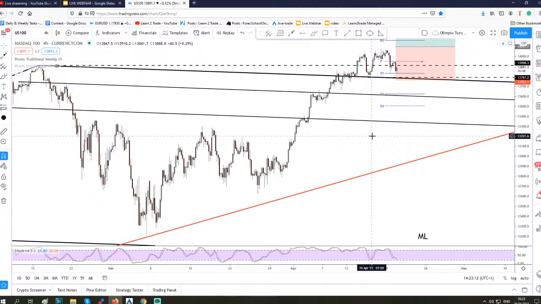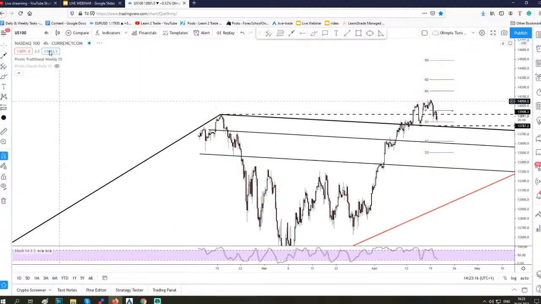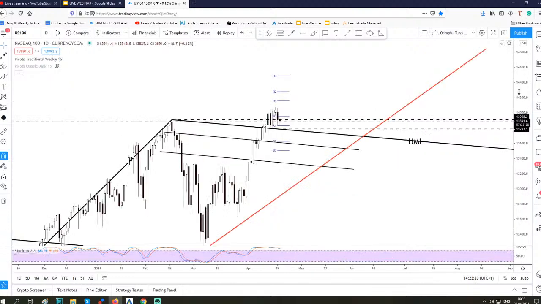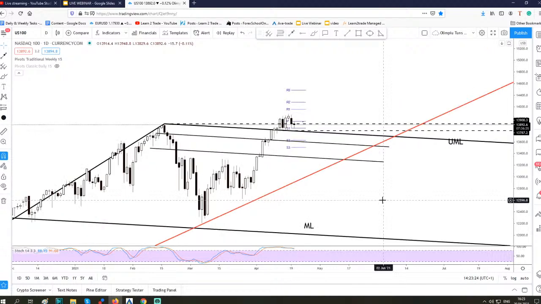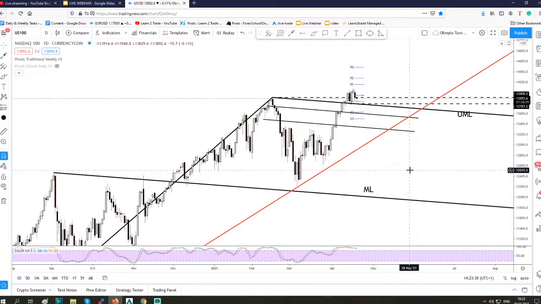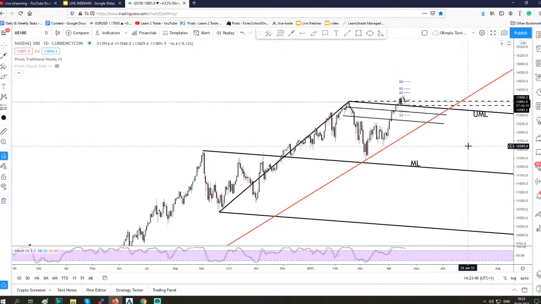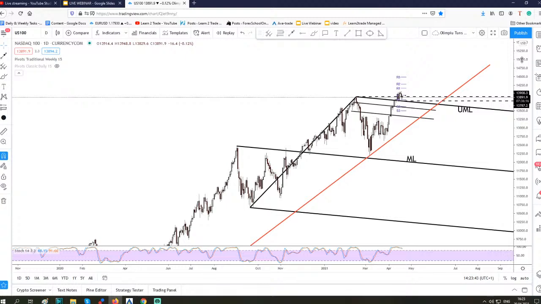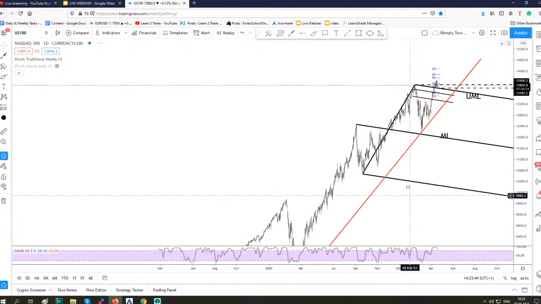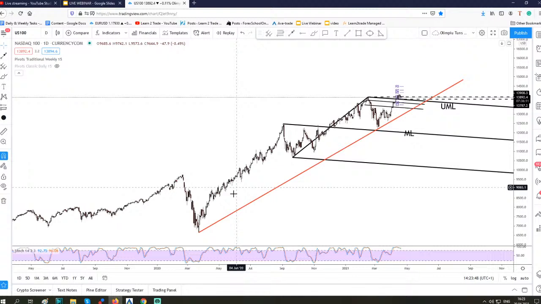Okay, so let's take a look at the US 100, the Nasdaq. I've posted a video analysis on the US 100 today, and as I've told you in that video analysis, as you can see here on the daily chart, we have a strong uptrend.